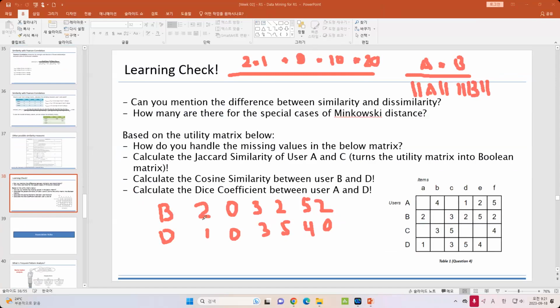So we will do for B first. 2 power of 2 is 4, 0, and then 3 power of 2 is 9, and then 4, and then 25, and then 4.